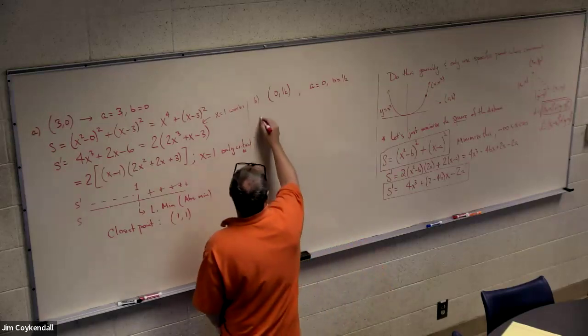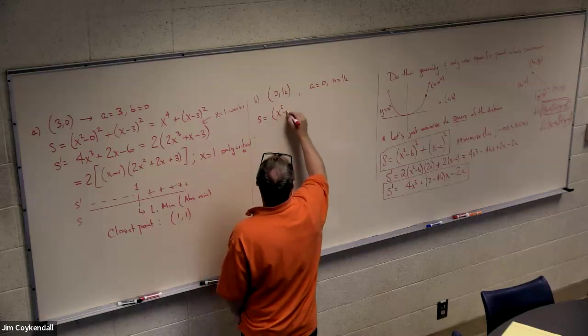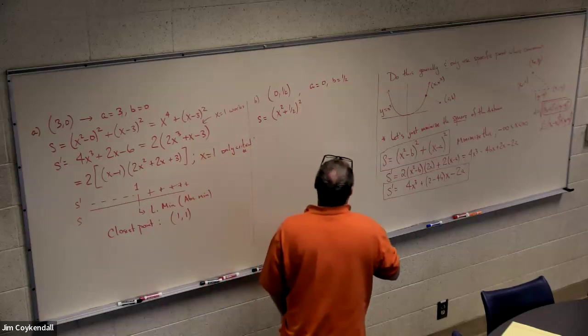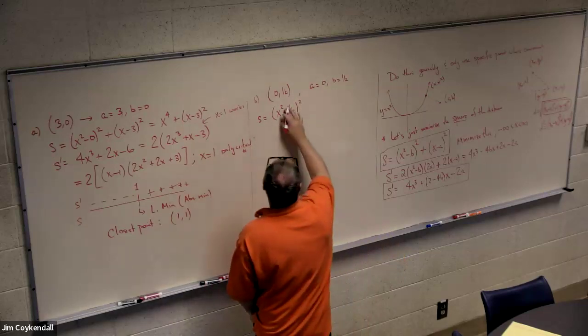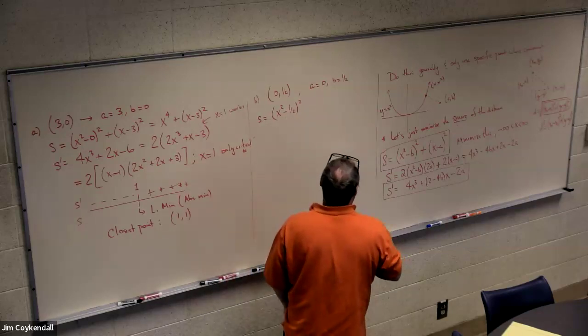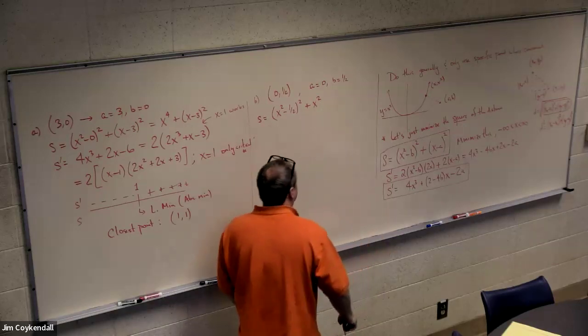So my S in this case is X squared plus X squared minus 1/2, squared, plus X squared.